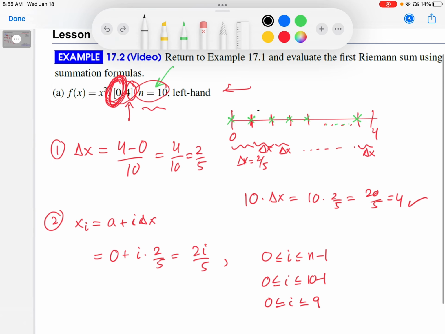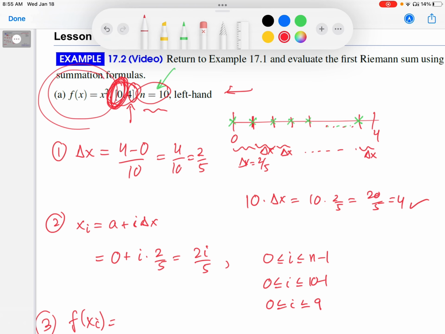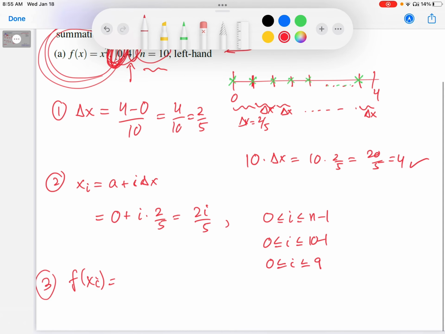Okay, so now let's do this next step of finding f of x sub i. The function in this example is x squared. So I'm going to take this x sub i and just square it. Okay, so I get 4i squared over 25.